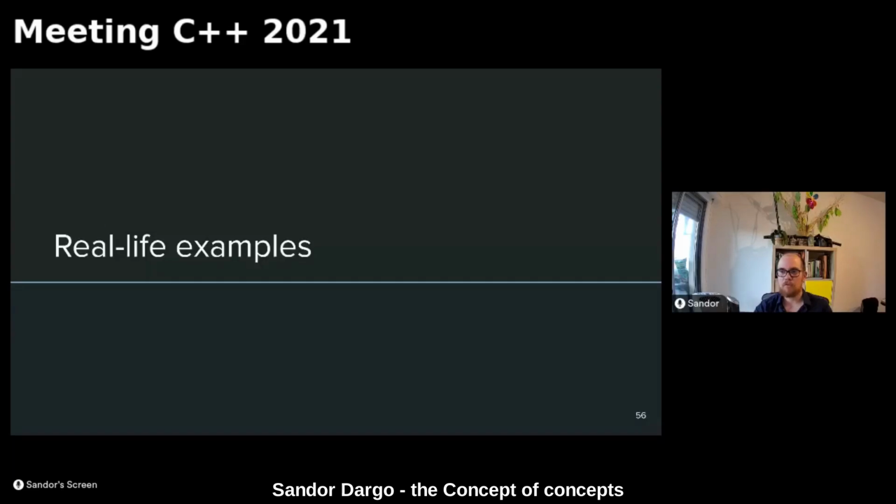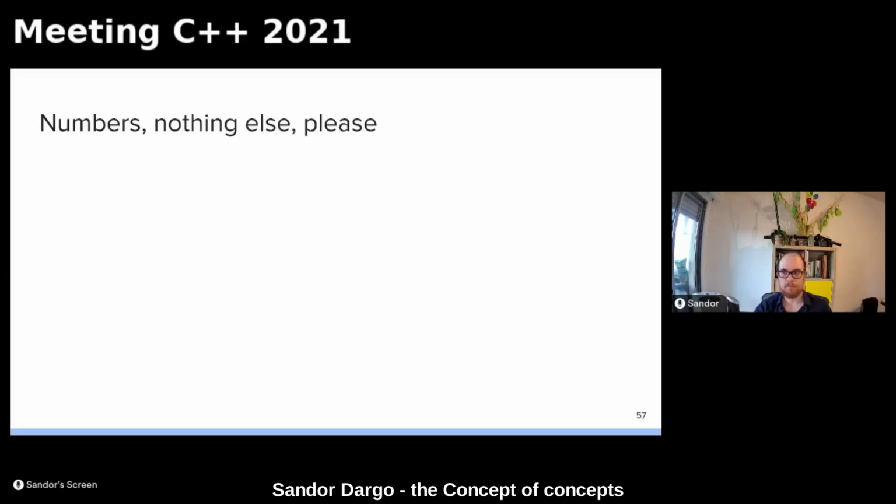So let's go to some real-life examples that we could use. So we used our number concept throughout the presentation, but the problem with it, well, you can approach it from different points of view.